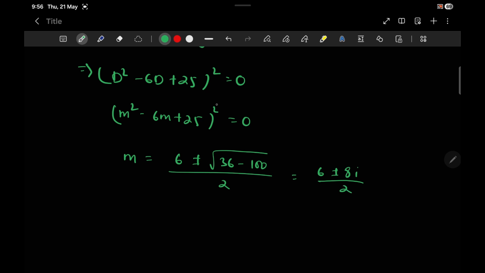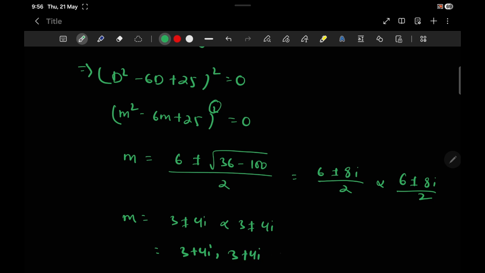As we have a square here, it is written both times. So we have roots 3 plus 4i, 3 plus 4i, and 3 minus 4i, 3 minus 4i.